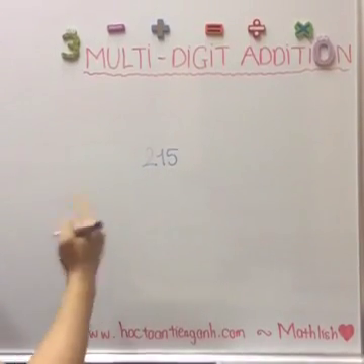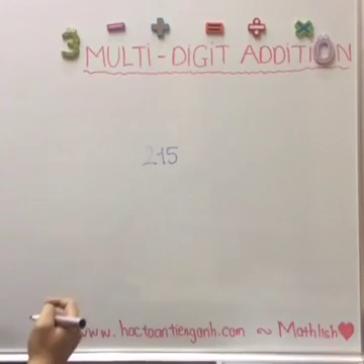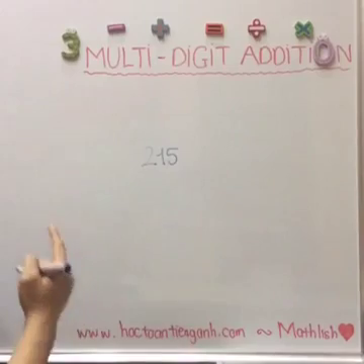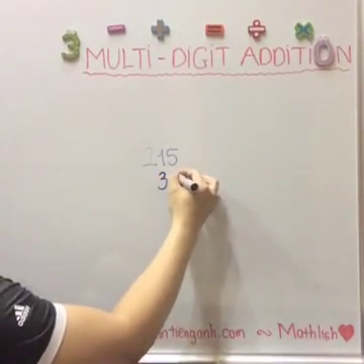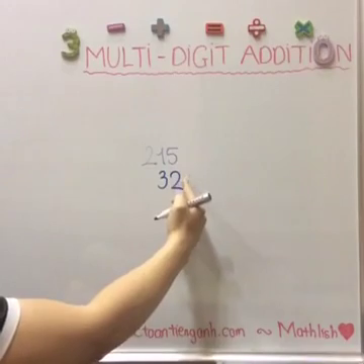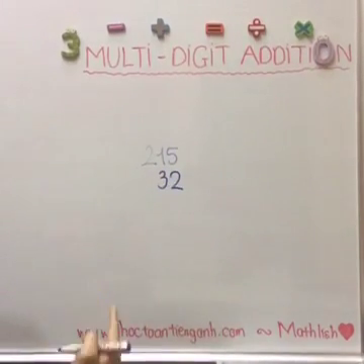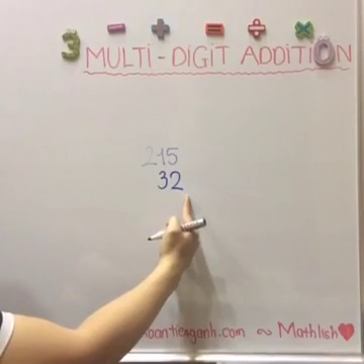But here's the most important part. Be sure to line up the number places so that they are directly over each other. So that the ones place of the number on top is directly over the ones place of the number beneath it.